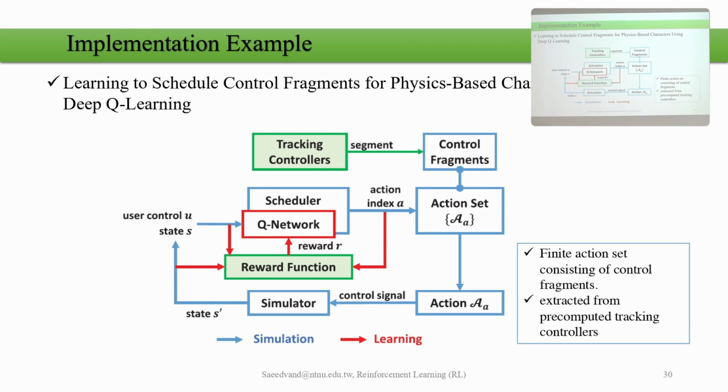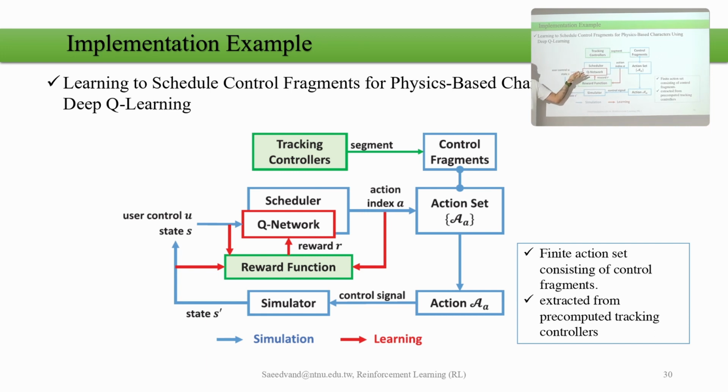They have a simulator and the actions all come from the tracking controller and control fragments. These control fragments are predefined by the controller, which reduces the trajectories for the actions that can be chosen for each series of states. Then an action will be selected, then the Q network will be updated.